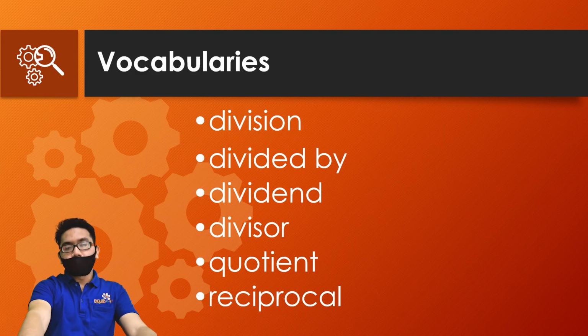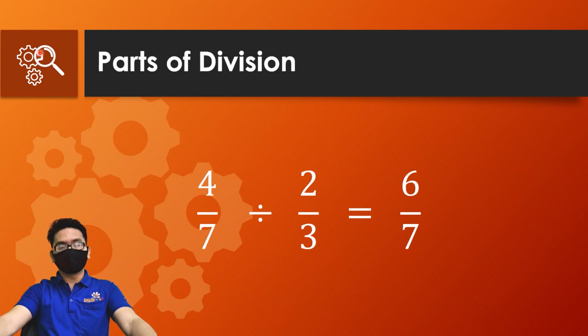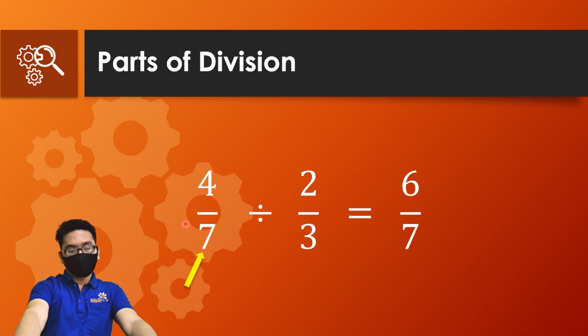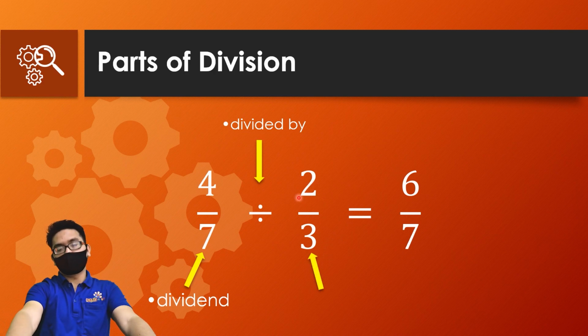Very good. Next, let us review the parts of division. I have here a division sentence. The first fraction is called the dividend. This symbol is of course divided by. The second fraction is called the divisor.